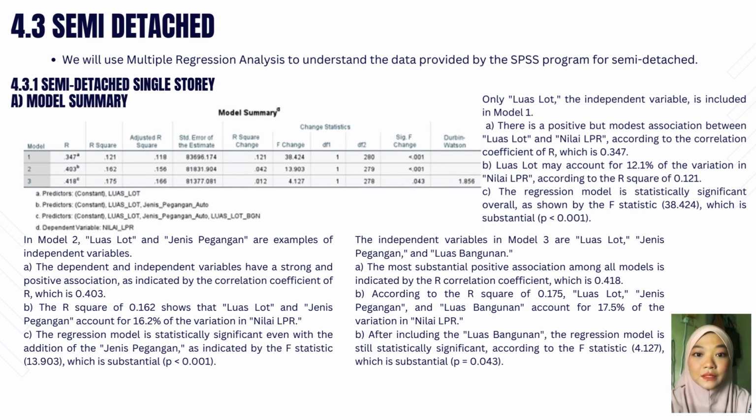Luas lot may account for 12.1% of the variation in nilai LPR according to the R-square of 0.121. The regression model is statistically significant overall, as shown by the F statistic of 38.424, which is substantial, p less than 0.001.